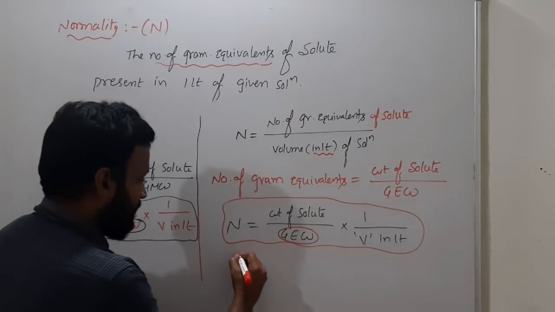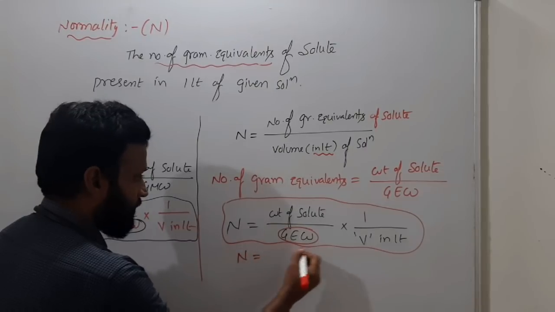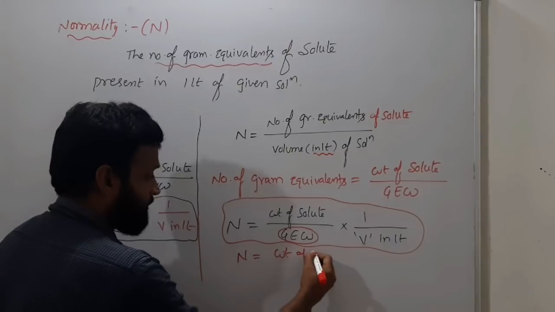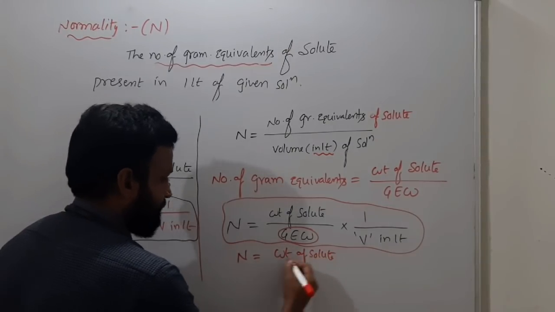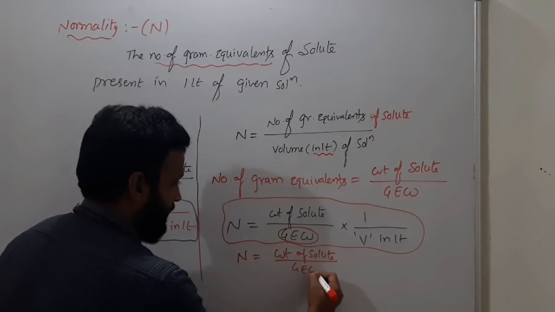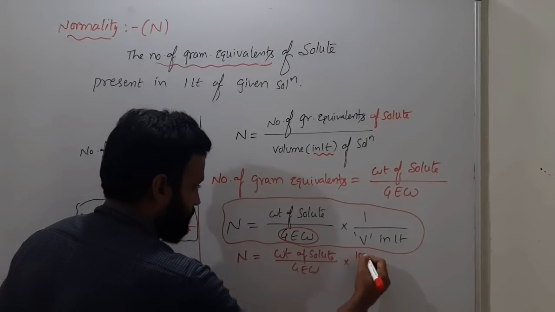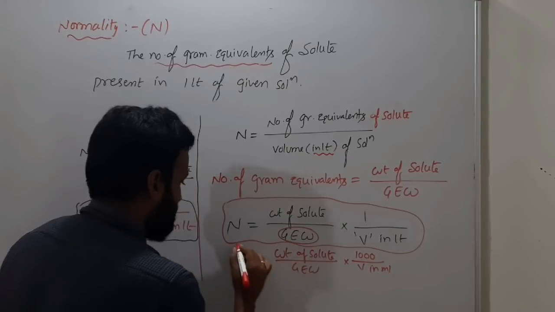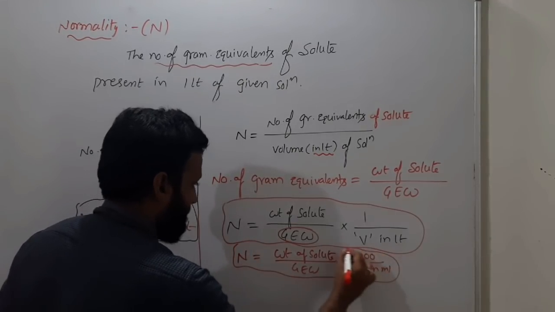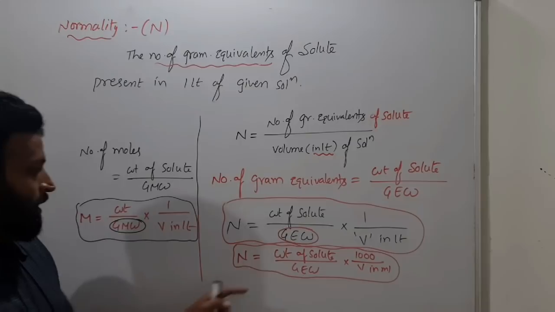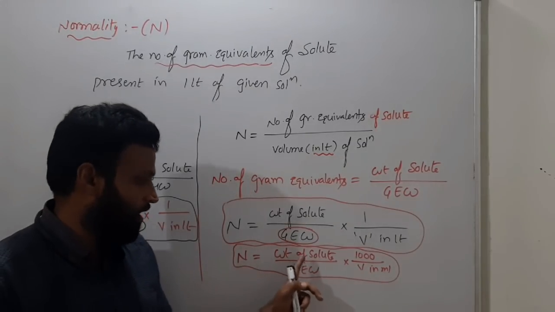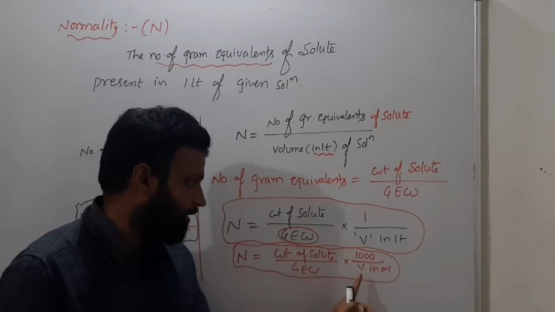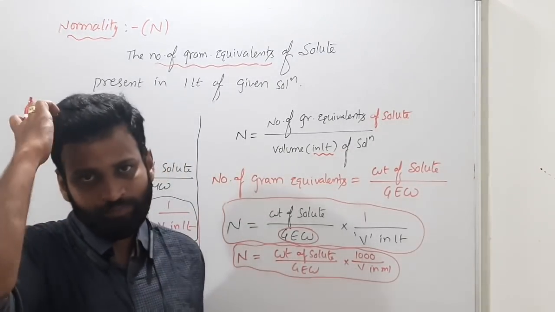So finally, what is the normality formula? If the volume is given in ml, normality is weight of solute by gram equivalent weight into 1000 by volume in milliliters.